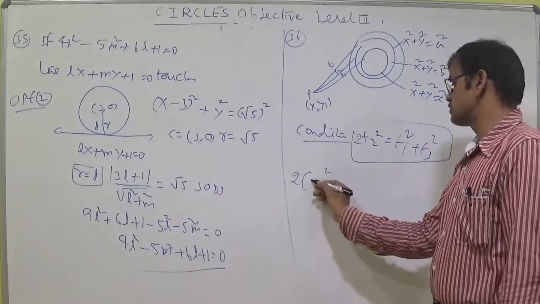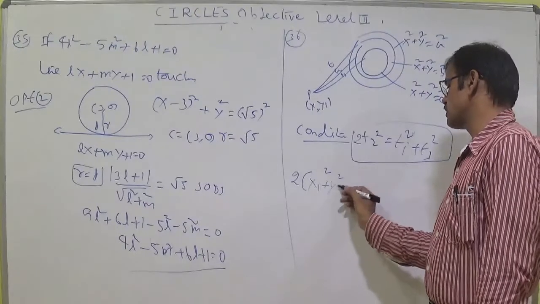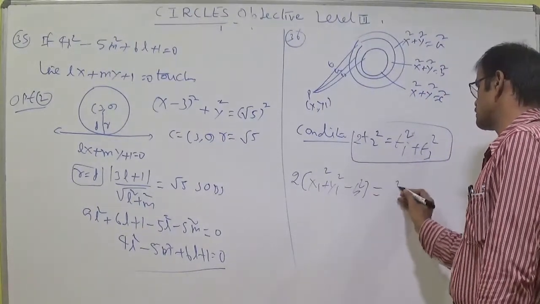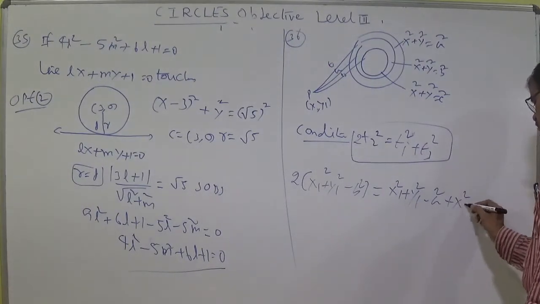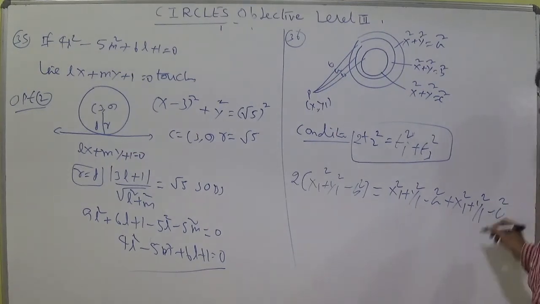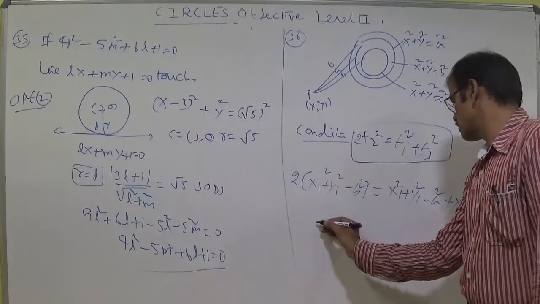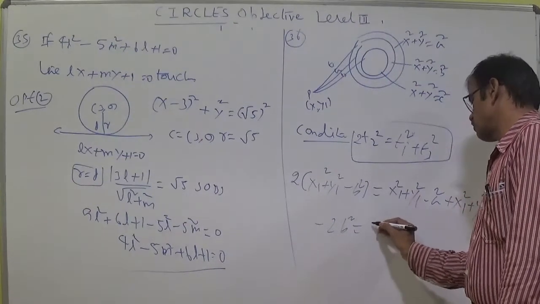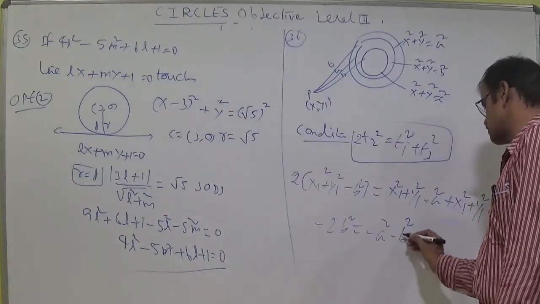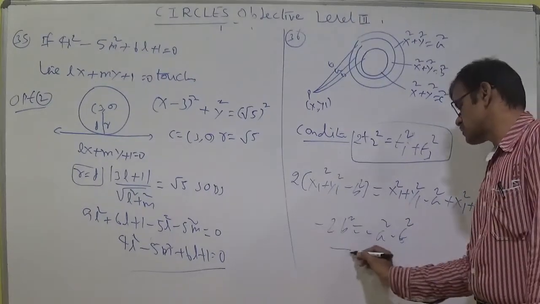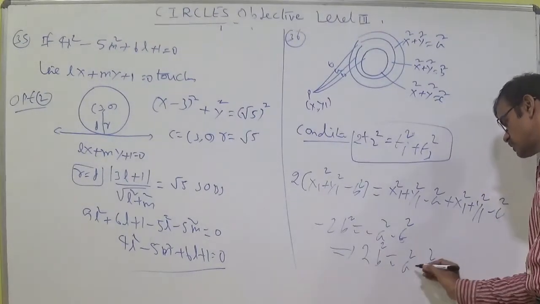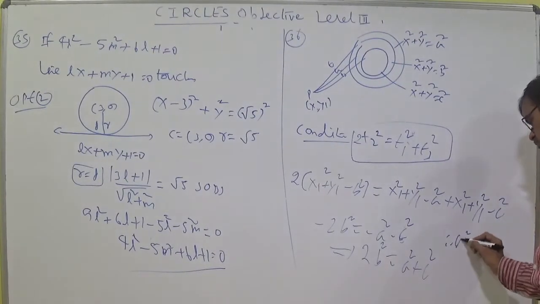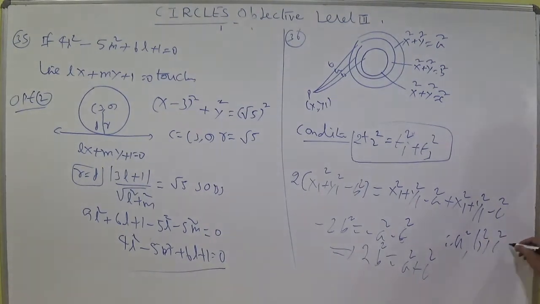Root s11 concept. 2 into (x1 square plus y1 square minus b square) is equal to x1 square plus y1 square minus a square plus x1 square plus y1 square minus c square. 2 x1 square plus y1 square will be cancelled. Now you can write minus 2b square is equal to minus a square minus c square. So minus getting cancelled, we will be getting 2b square is equal to a square plus c square. Therefore a square, b square, c square are in AP.